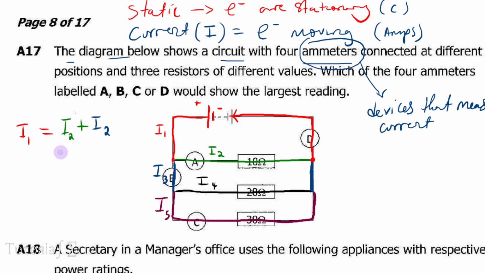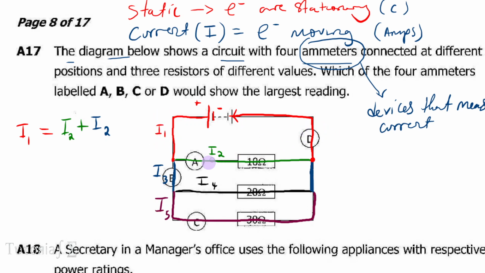This is one of Kirchhoff's laws, but we'll not delve into that. What you should understand is that when current enters a junction where wires are splitting, it also splits, and the values that it splits into are lesser than the original one.